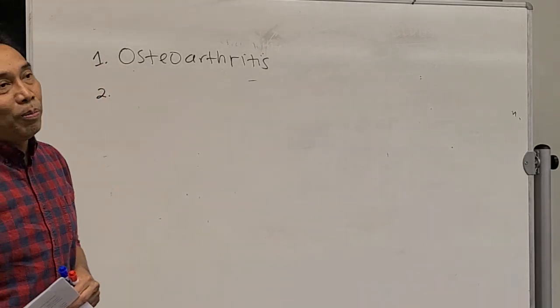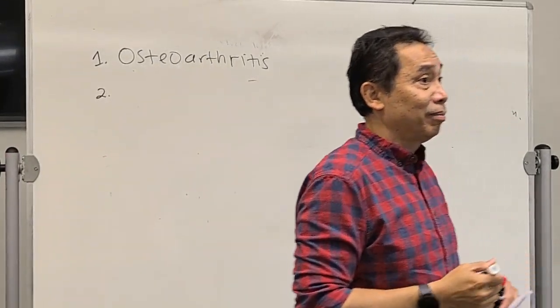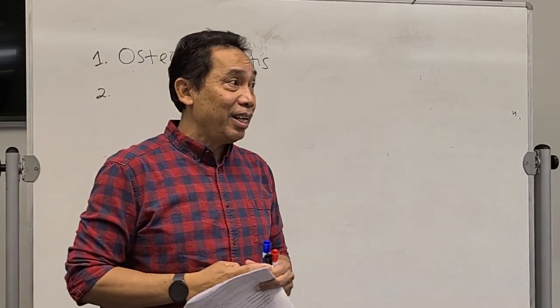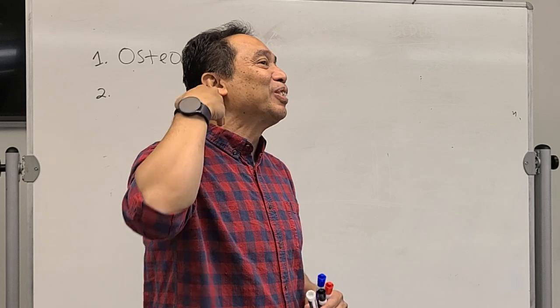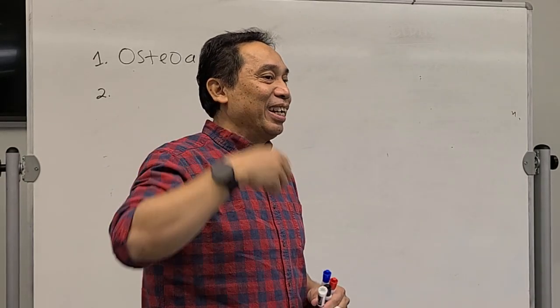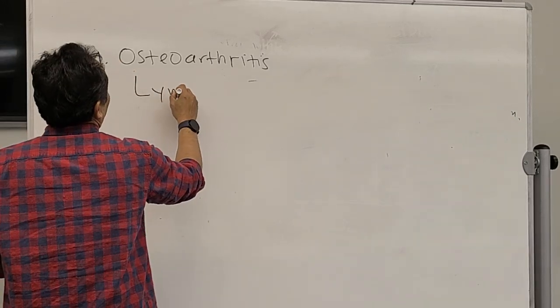Second, let's say someone lives close to the woods. They've been bitten by a specific type of tick, and that tick carries bacteria. It causes stiffness in the joint. It's called Lyme disease. Okay, Lyme disease.